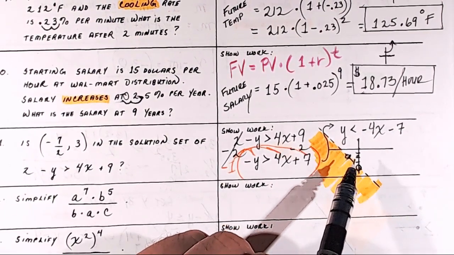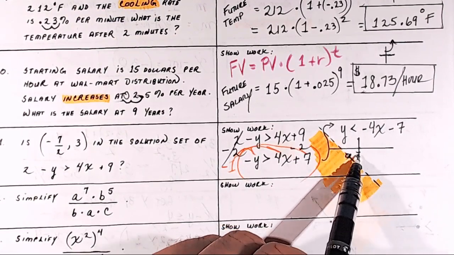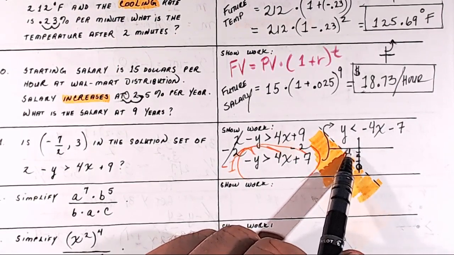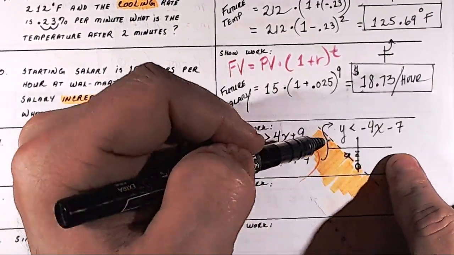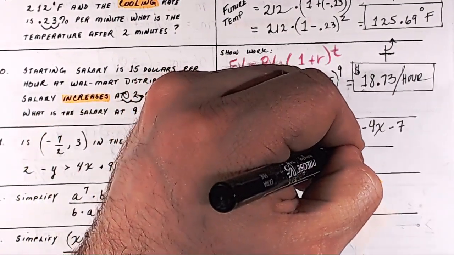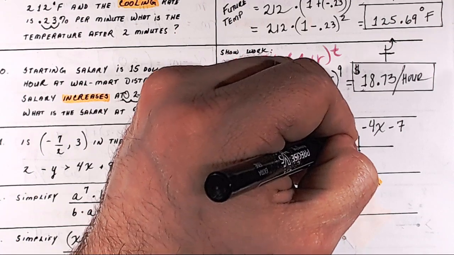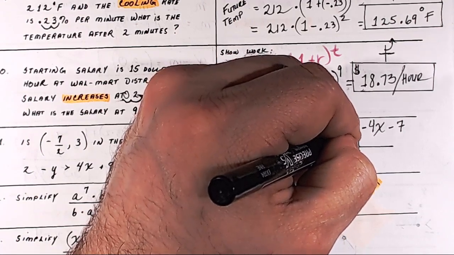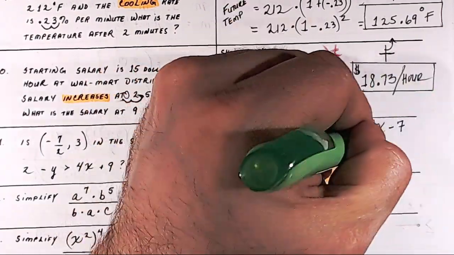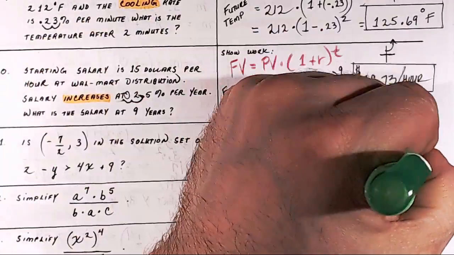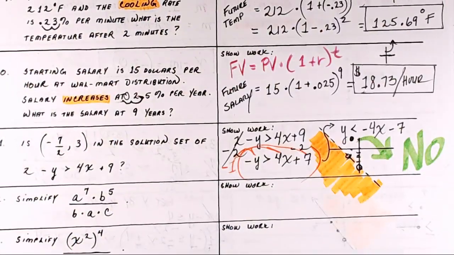Is that going to be in our solution set? Well, no, it isn't, because that's going to be somewhere over here. That point's going to be right there, and that is not in the solution set. So the answer to the question is no. Got to show the work.